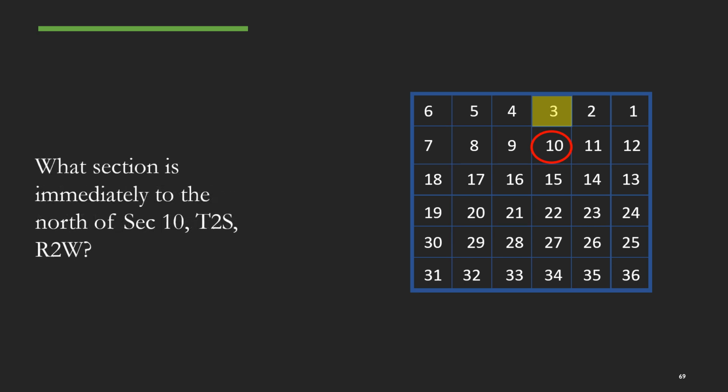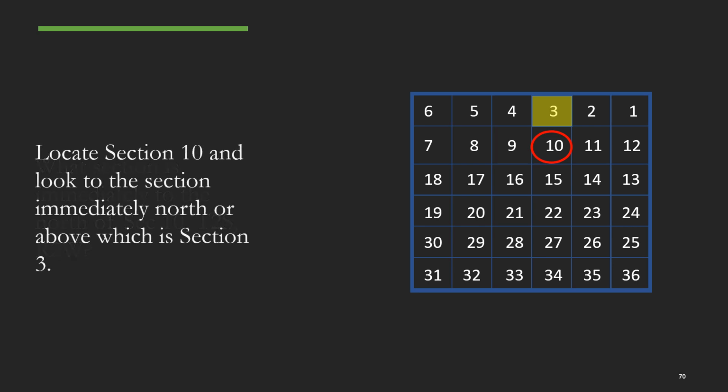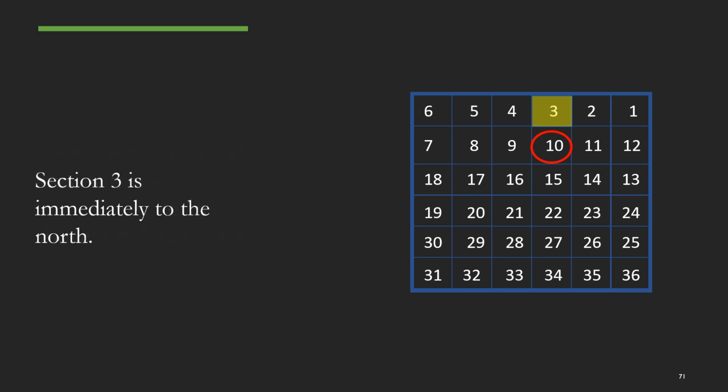The question being, what section is immediately to the north of section 10 T2S R2W? So you would locate section 10 within a township and then look to the section immediately north or above, which is section 3 of the same township. So section 3 is immediately to the north.